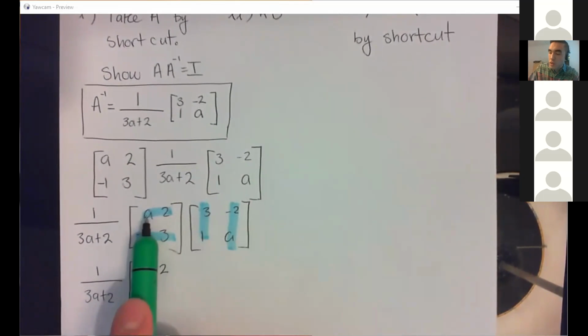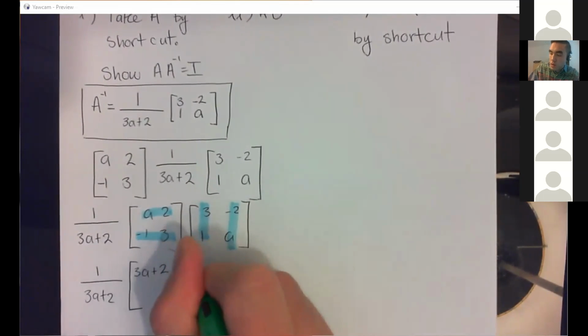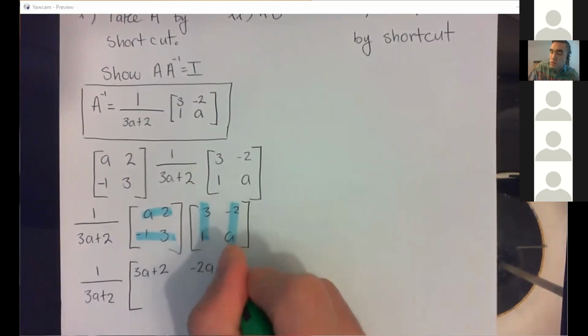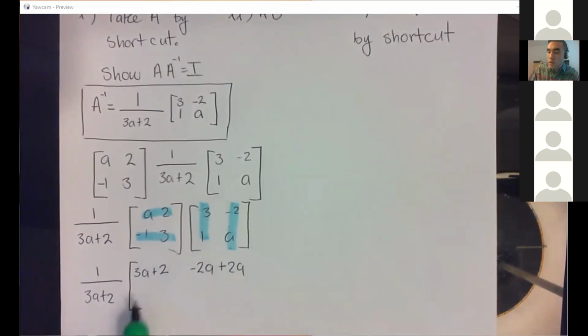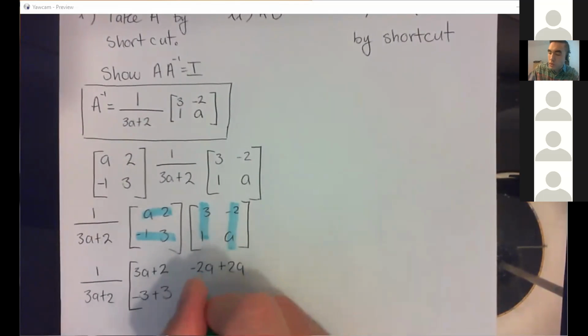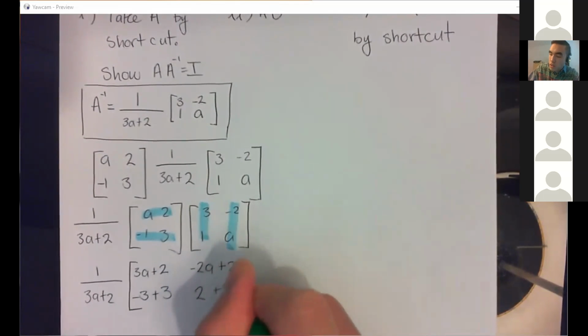And then our next entry is going to be a times -2, -2a, plus 2 times a, plus 2a. And then here in the bottom left, this is going to be -1 times 3, -3, plus 3 times 1, plus 3. And then for our bottom right entry, it's going to be -1 times -2, which is 2, plus 3 times a, plus 3a.